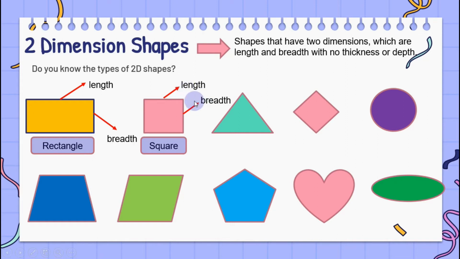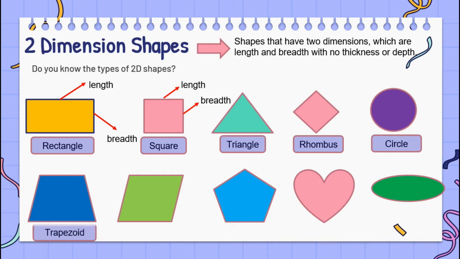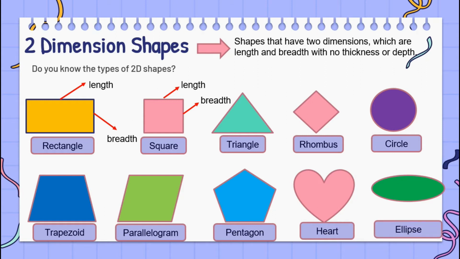So we can write length, and this can also be length. Example, if this is 4 centimeter, this is also 4 centimeter, 4 centimeter and 4 centimeter. Next, continue. Triangle, rhombus, circle, trapezoid, parallelogram, pentagon, heart, ellipse.